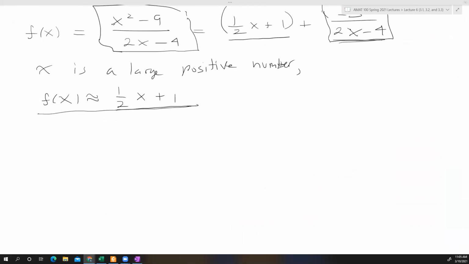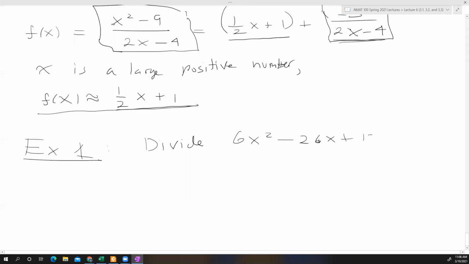So let's look at one more example of long division, and then we'll call it a day. This is example 1 in the book. I'll just run through the algorithm one more time. We're asked to divide 6x squared minus 26x plus 12 by x minus 4.